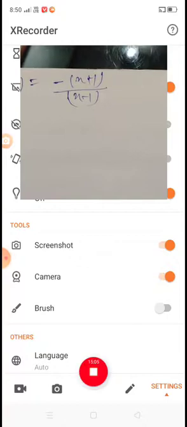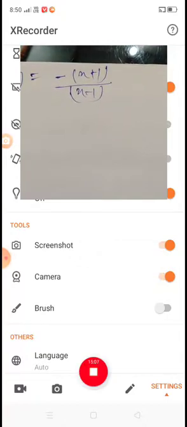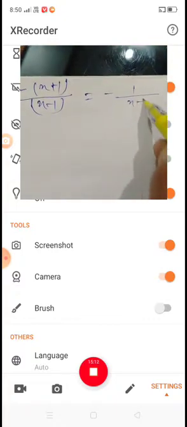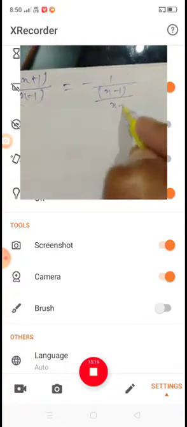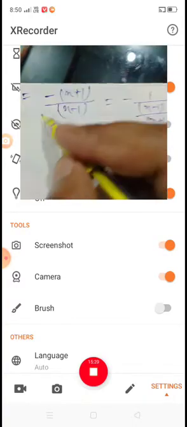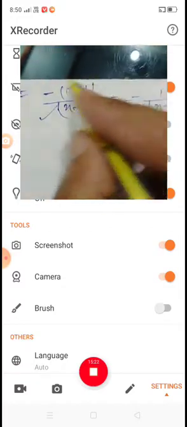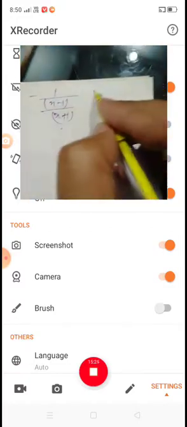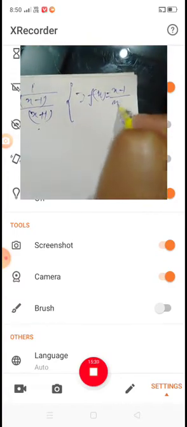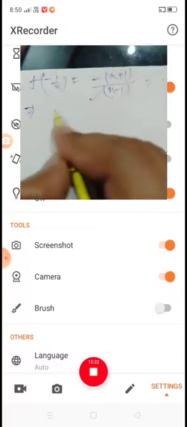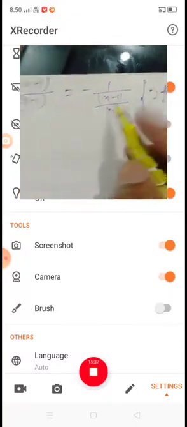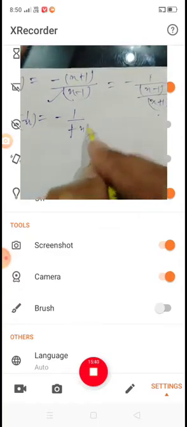Okay, now we can also write it in this way, 1 upon x minus 1 upon x plus 1, because when x plus 1 is transferred from the numerator, we get this. So this function can be written in this form, and since we know that f of x is equal to x minus 1 upon x plus 1, we have f of minus 1 upon x is equal to minus 1 upon f of x.